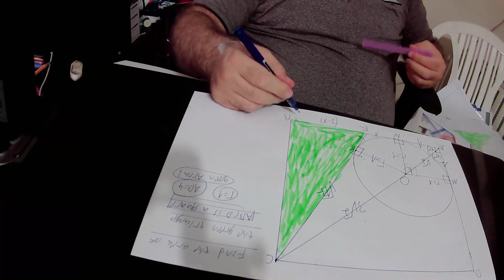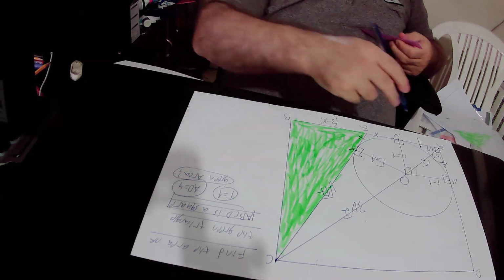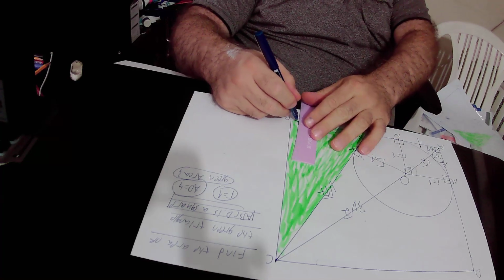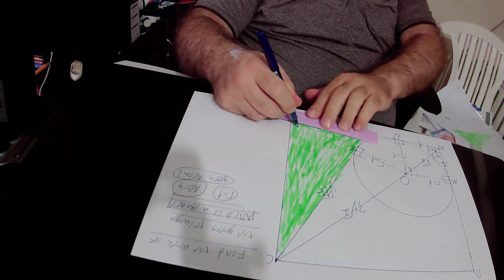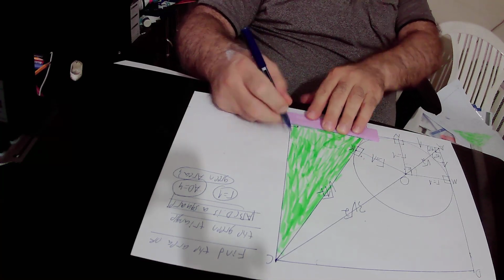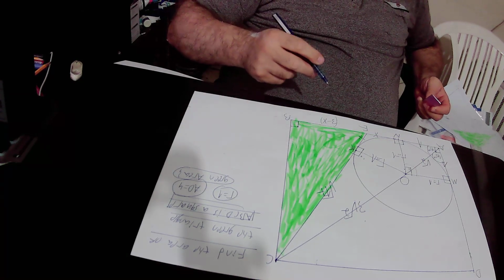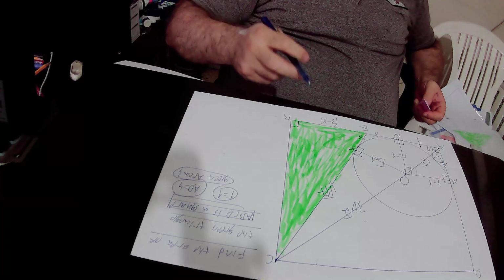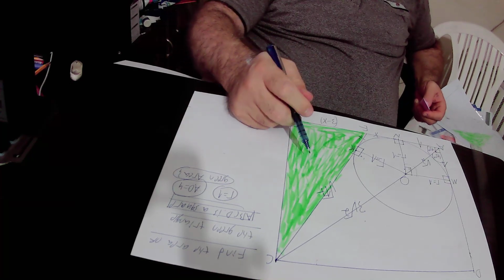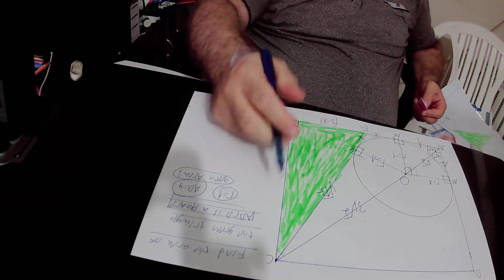That is to say, angle CBA is a right angle, it equals 90 degrees. And if angle CBA equals 90 degrees, then the green triangle is a right triangle. So we can apply the Pythagoras theorem in the right green triangle, triangle CBE.